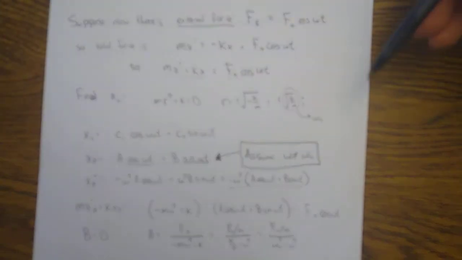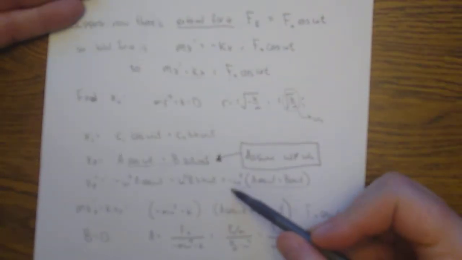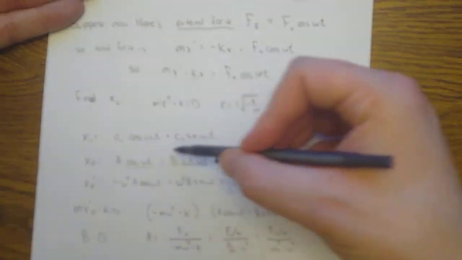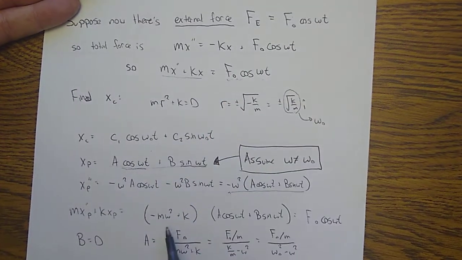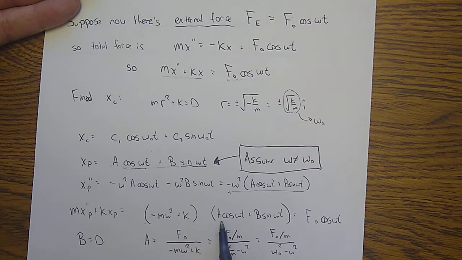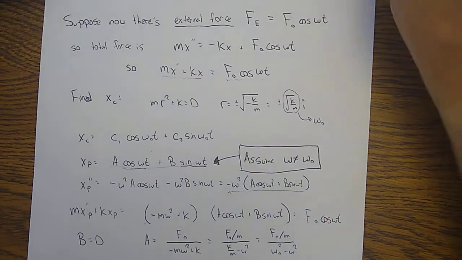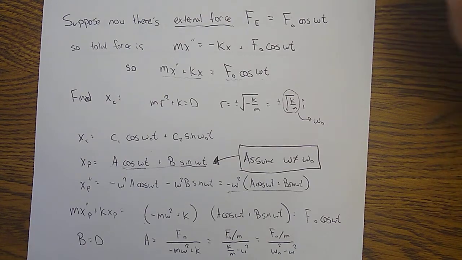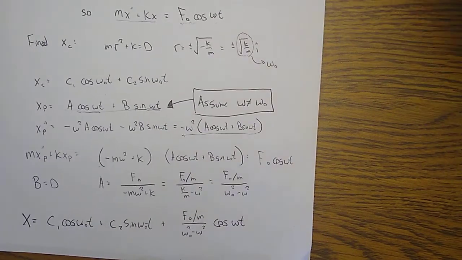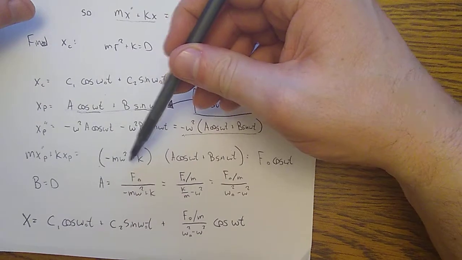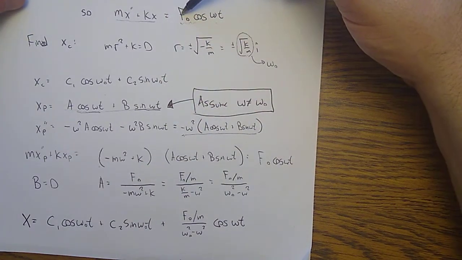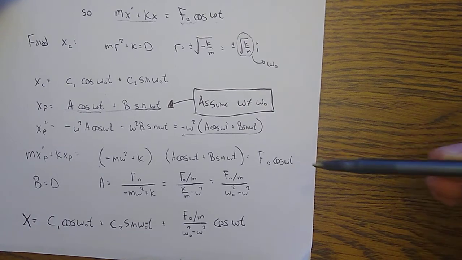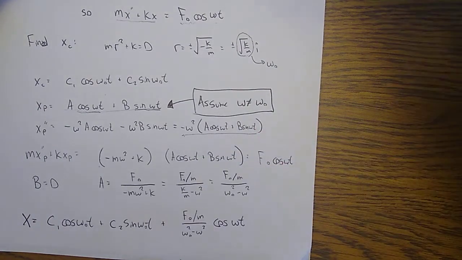So if I'm doing m times this plus k times this, I should get this with the common factor of a cosine omega t plus b sine omega t. And that should equal that, right?